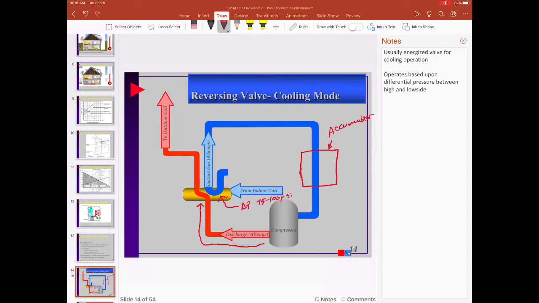So typically most all reversing valves are what they call pilot operated, and so what they'll do is they'll energize a little valve that will take a tiny amount of refrigerant, and then it'll pressurize one side or the other. So that little solenoid valve is really just kind of creating a movement, not really shifting the valve, but it's allowing the pressure that the reversing valve sees to actually push the valve over one way or the other. So that's really the key component to its operation.